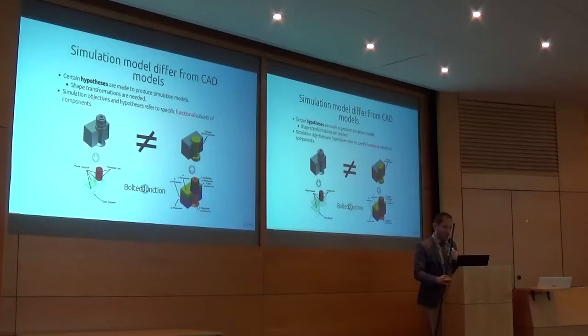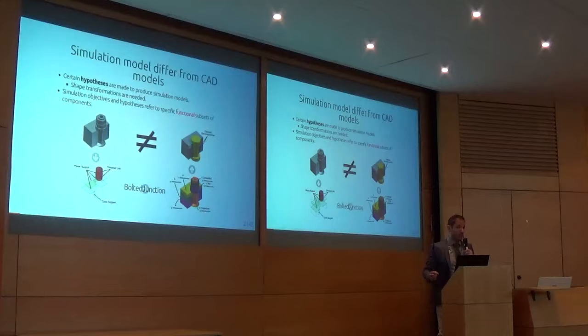Another reason is the fact that simulation hypotheses themselves refer to geometric objects and particular geometric zones. In this example, I need to spot lacquer nuts, and the simplification method then would dictate that I remove the lacquer nuts, then I detect threaded links, for instance, to join objects on both sides.